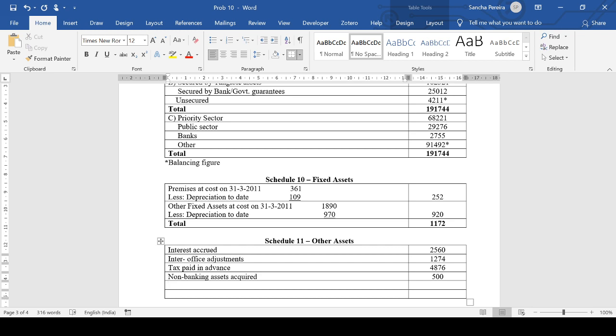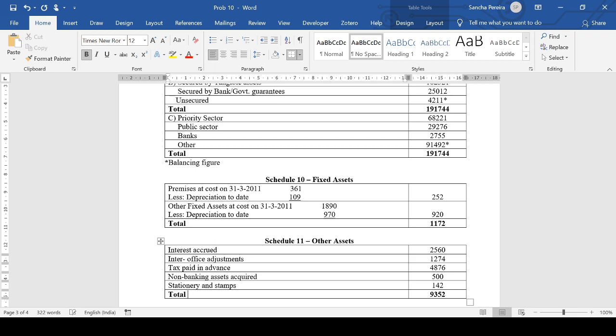And we also have another item called stock of stationery and stamps. I explained to you that this comes like a current asset because it's bought in bulk. Stationery and stamps, you also call it stock of stationery, which is 142. So the total of this is 935.